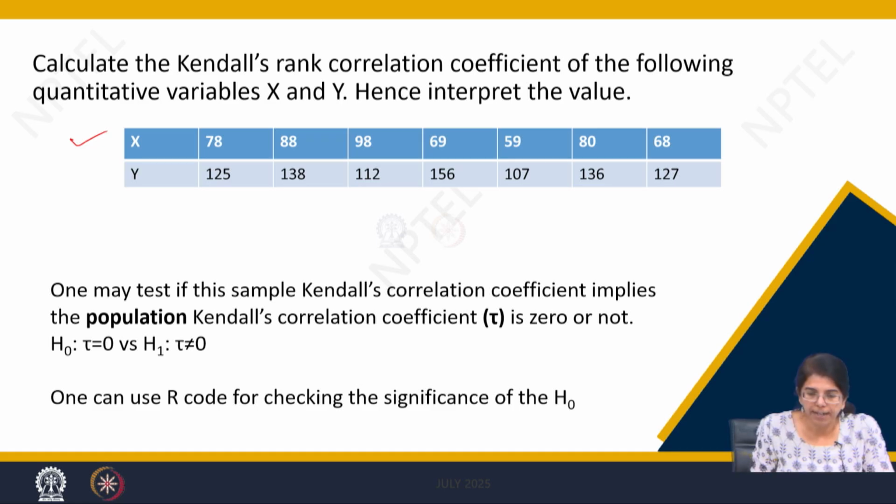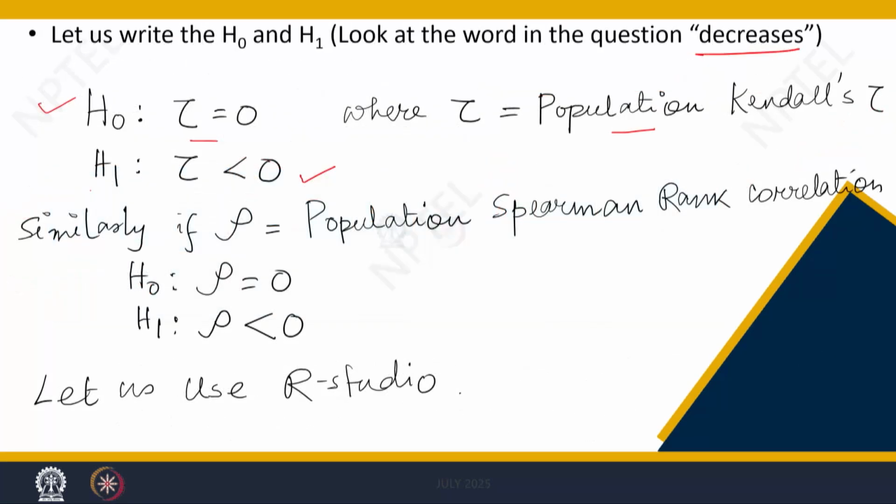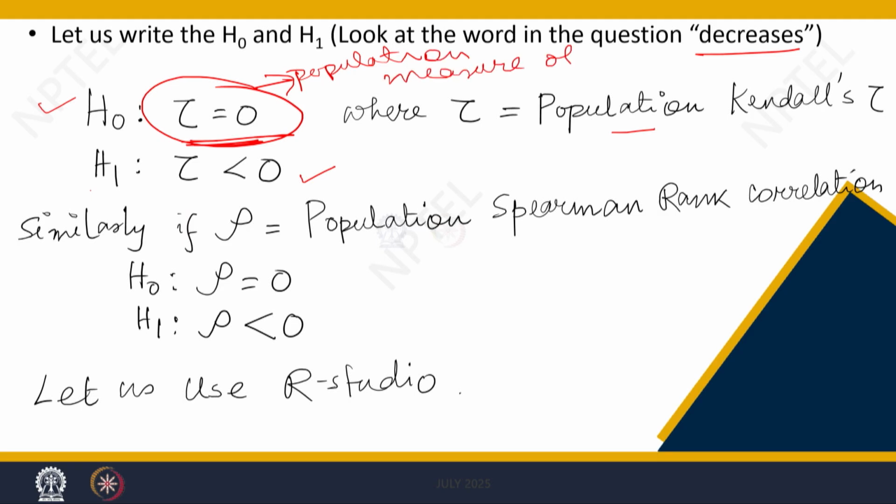What does it mean? It means the population measure of association is 0. Okay, there is no association.